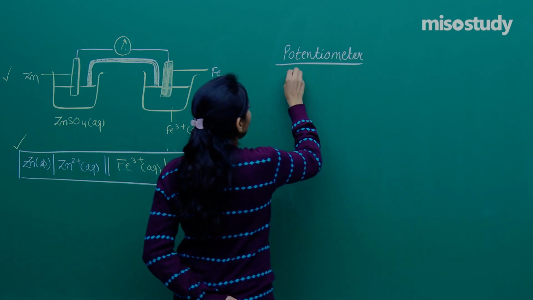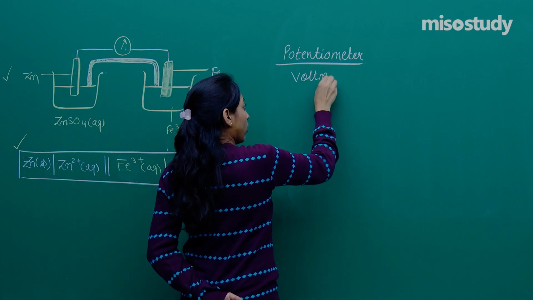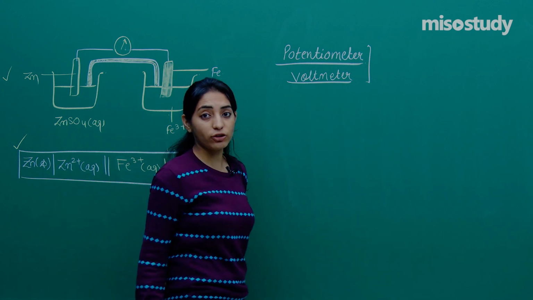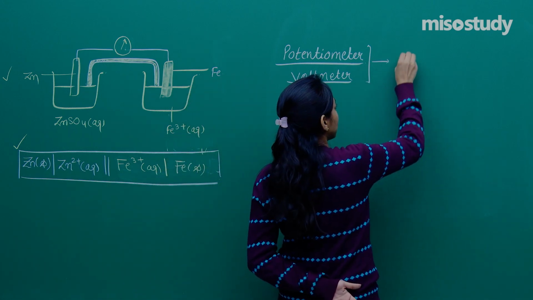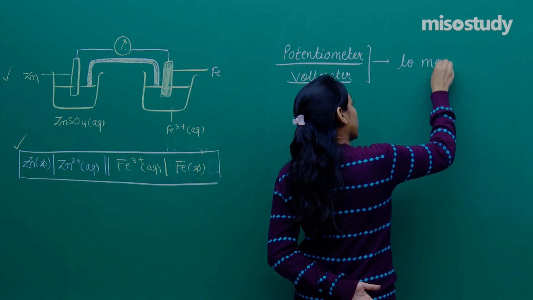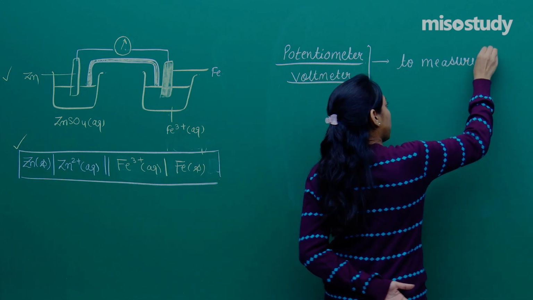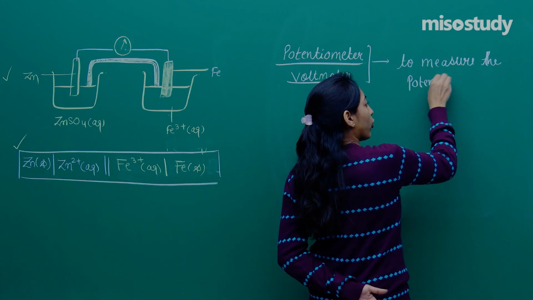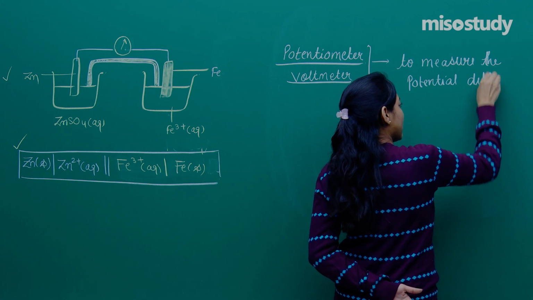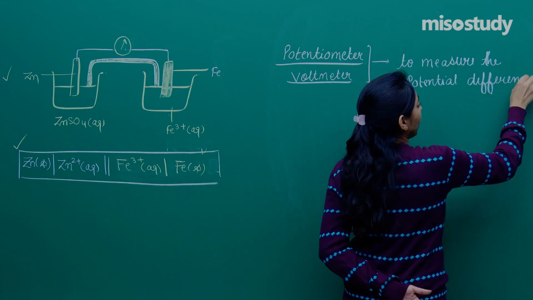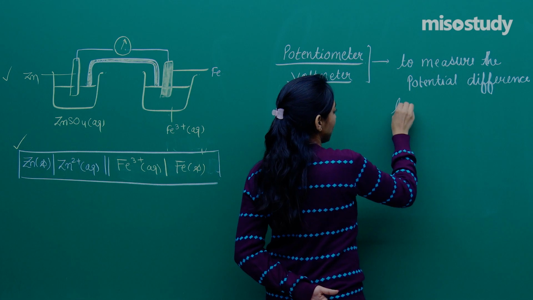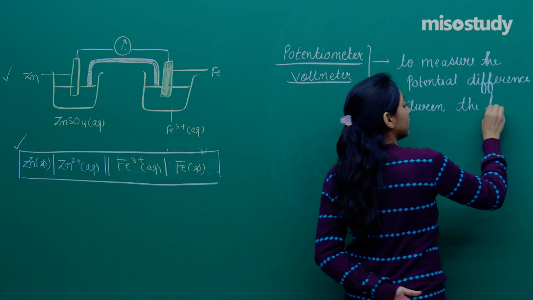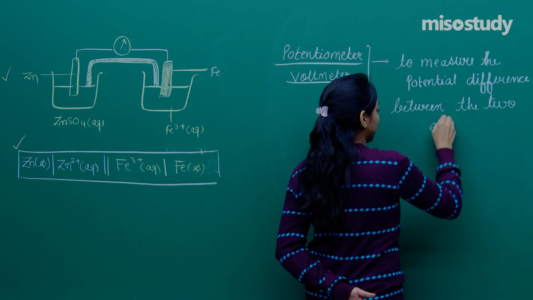You use either a potentiometer or a voltmeter, and these are used to measure the potential difference between the two electrodes.